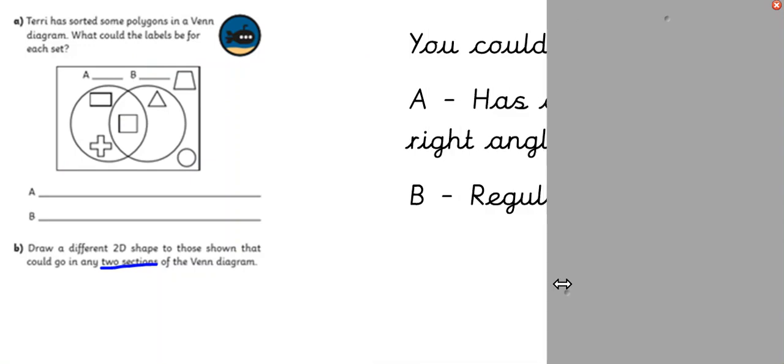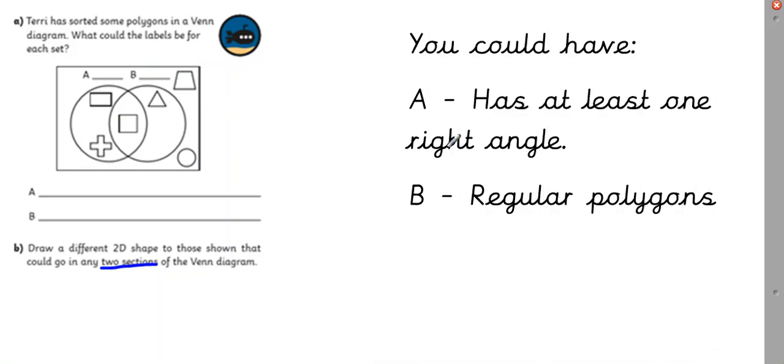Okay, then let's have a look at the answer. So you could have for A has at least one right angle, okay, because these all have at least one right angle. You could have had for B regular polygons, okay, because this is a regular polygon here.